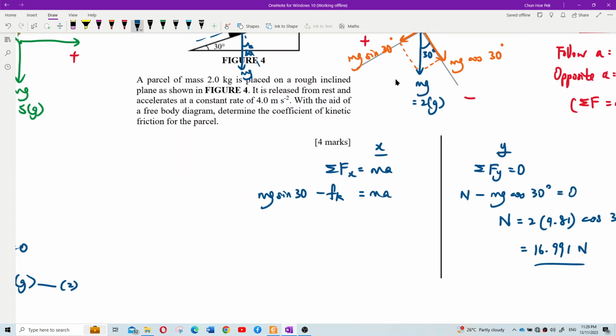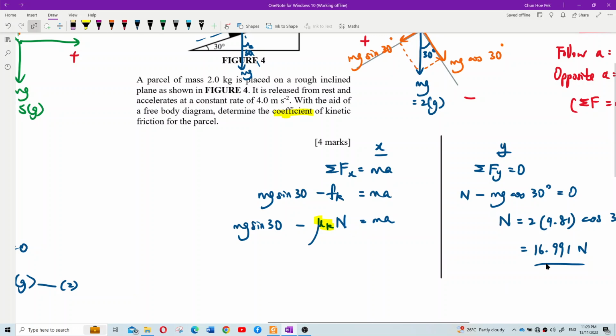And friction is mu k N, class. I want to find mu k, the coefficient. Substitute all the values found earlier.